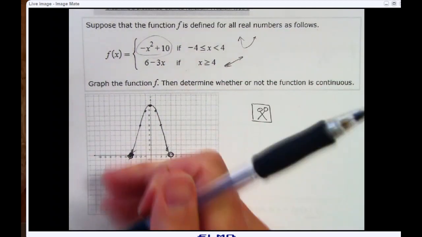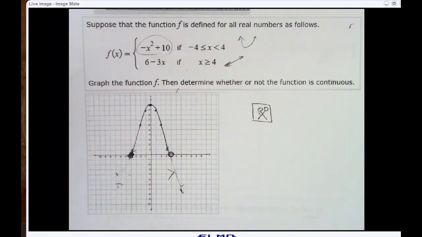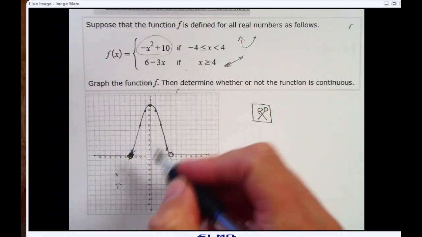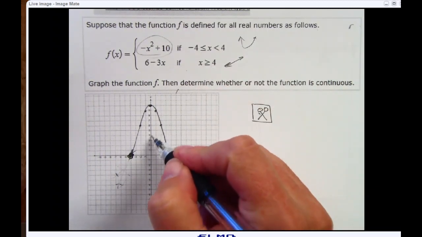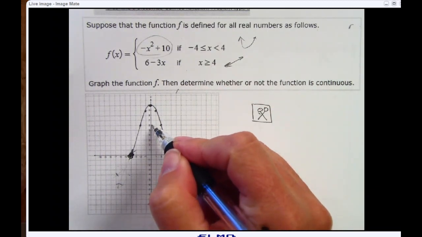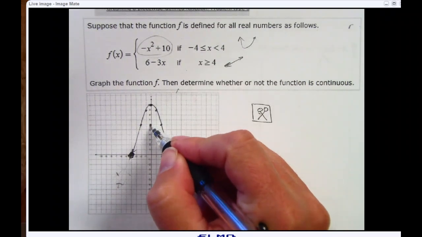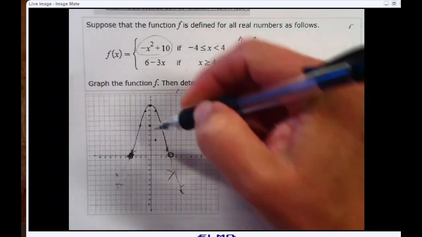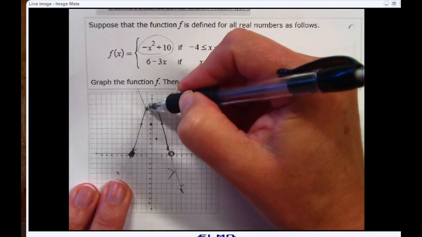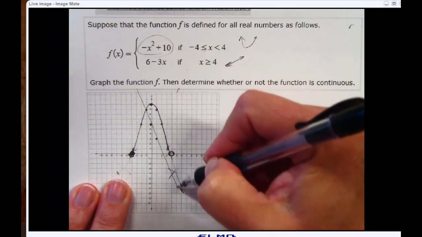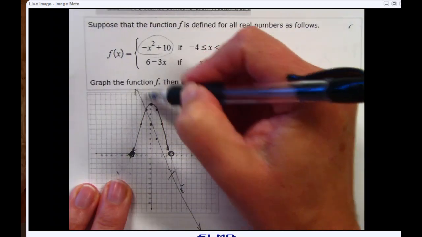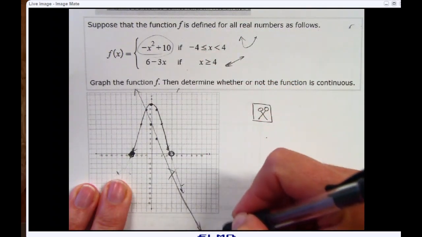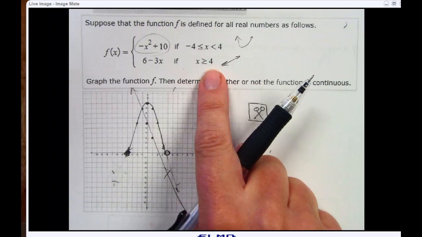And then where does our line start? At 4. So it's what? Up 6? 1, 2, 3, 4, 5, 6. And then it's down 3 over 1. And so it would look like this. That's so straight. Where does it start? Where does it start existing?